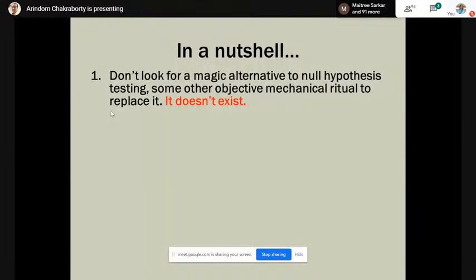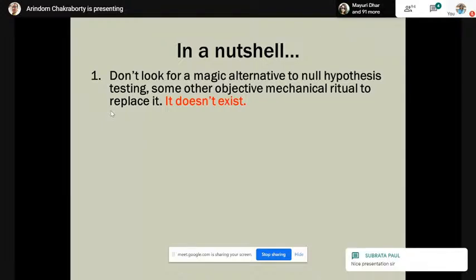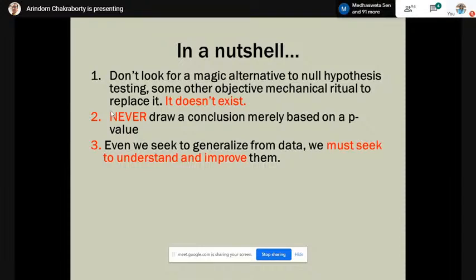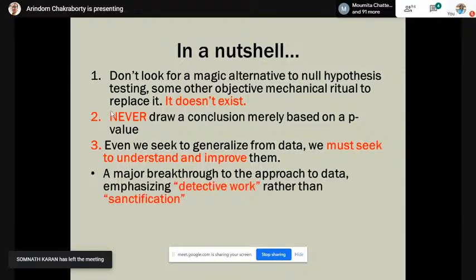Okay, so in a nutshell, don't look for a magic alternative to null hypothesis testing. We don't have any other alternative. It doesn't exist. Never draw a conclusion merely based on the p-value. Even when we seek generalization from the data, we must seek to understand and improve them, and doing this needs some detective work.